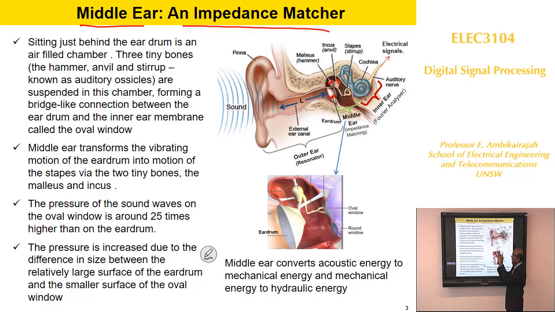So it hits like this one. That causes this to move, and then that moves the stapes. So you can see this is the eardrum vibration. This is the malleus, that's the incus, and that's connected to the stapes. And this moves in and out. This is the cochlear part, and that's the cochlea. We'll come back to that in a minute.